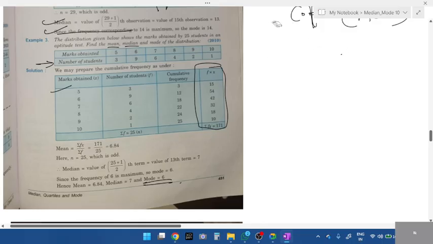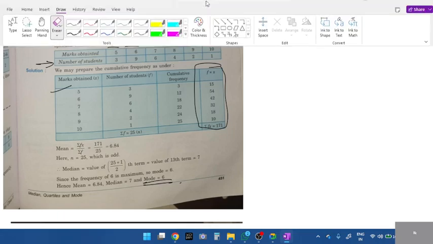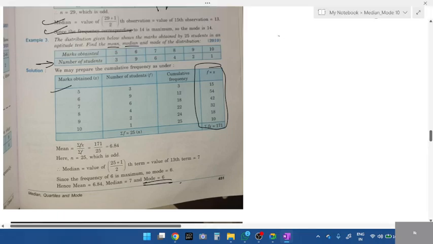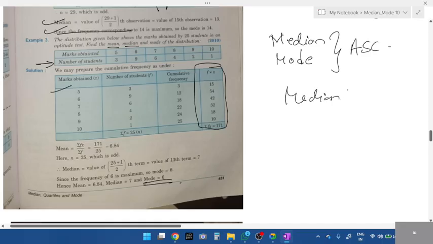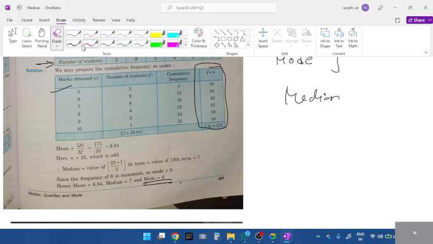So look at the rules, students. Once again, just remember the rules. For median and mode, ascending order is a must.